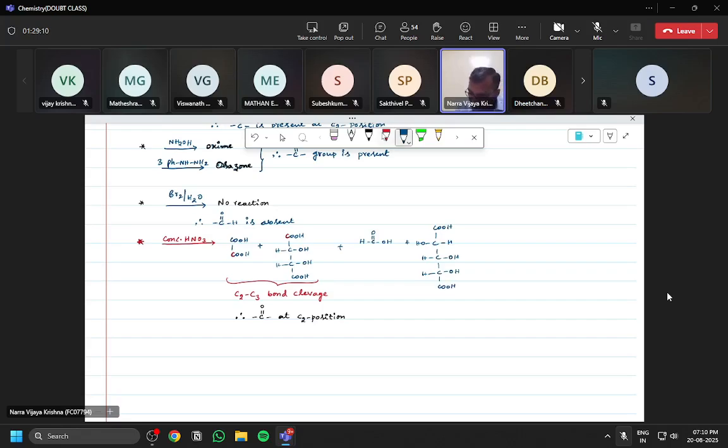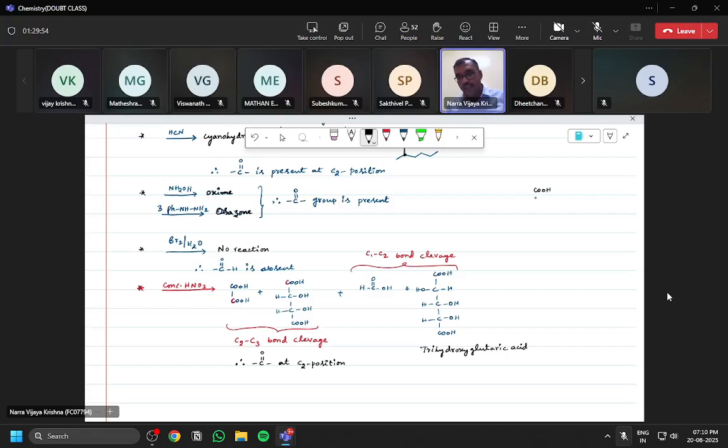So this confirms cleavage at C1-C2. This product is trihydroxyglutaric acid. As we are getting these types of products, either this or both being obtained again confirms the presence of the carbonyl group at the second position, the C2 carbon.